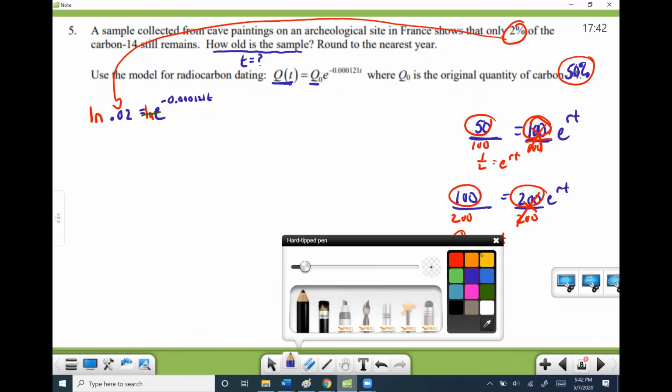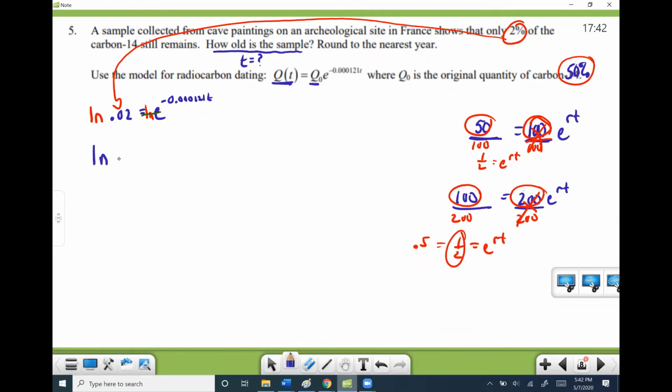Beautiful. And to find the time, I guess we'll just divide by that huge, ugly decimal. Oops, not the t.